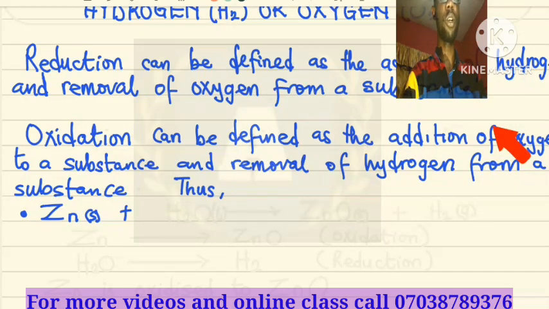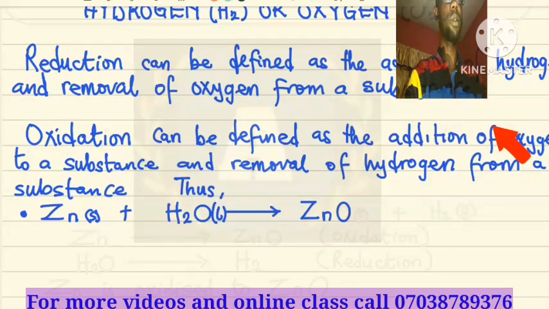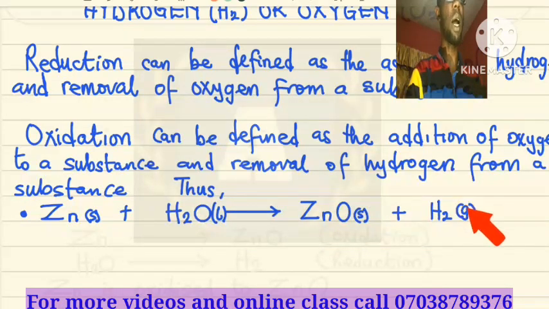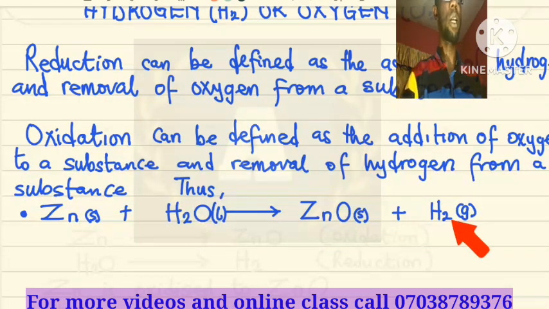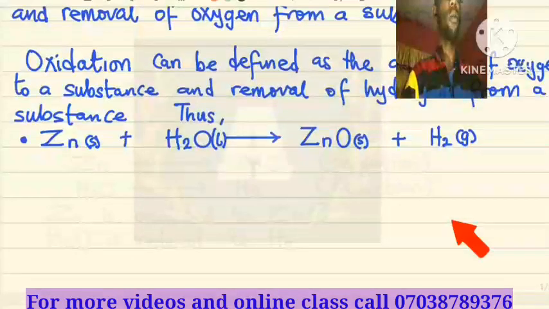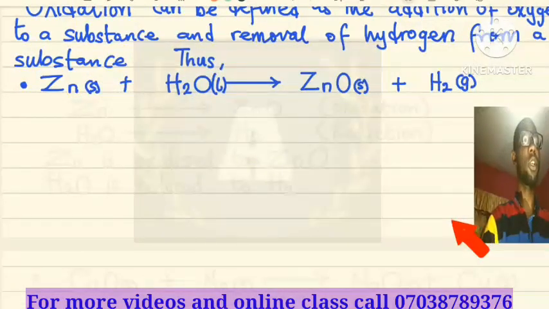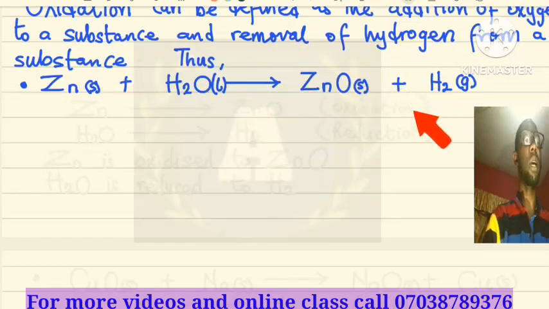Look at this equation: the reaction of zinc with water to yield zinc oxide and hydrogen gas. Reduction and oxidation will occur here simultaneously.